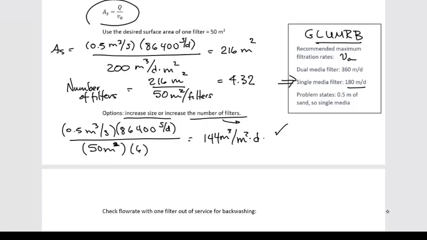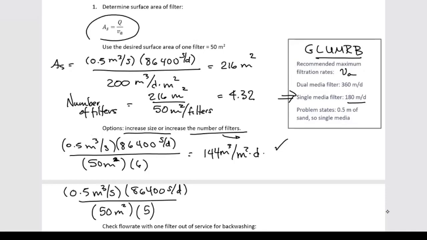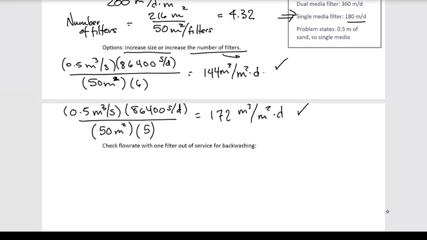That checks. What if I have one filter out of service? So now I only have 5 in service. That's 172 meters cubed per meter squared per day, which also checks out. So I can use 6 filters at 50 square meters. I'm perfectly fine. In terms of that approach velocity, it's less than that 180. That's less than 180. This is also less than 180, so we're good.